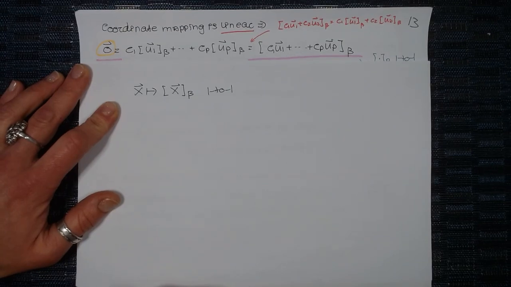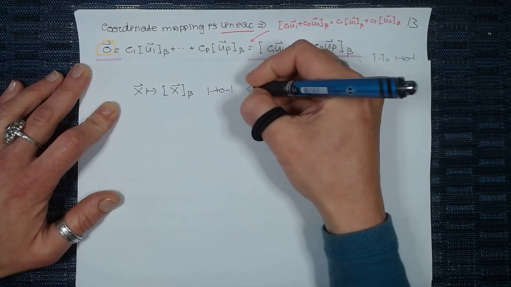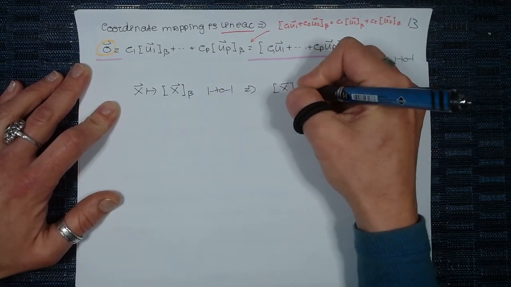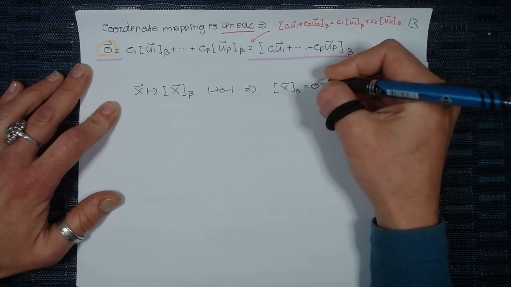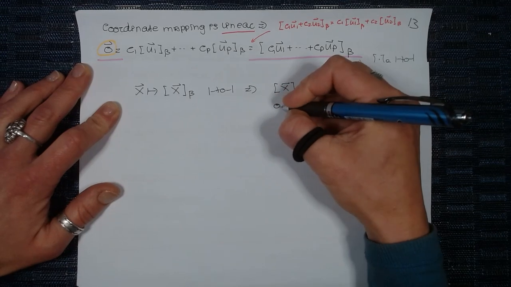What we know for one-to-one mappings is that if I consider the homogeneous problem, x of beta equals 0, for a one-to-one mapping, the homogeneous problem will only have the trivial solution.